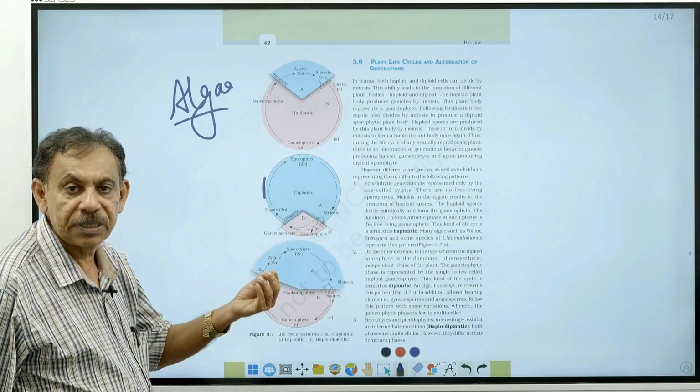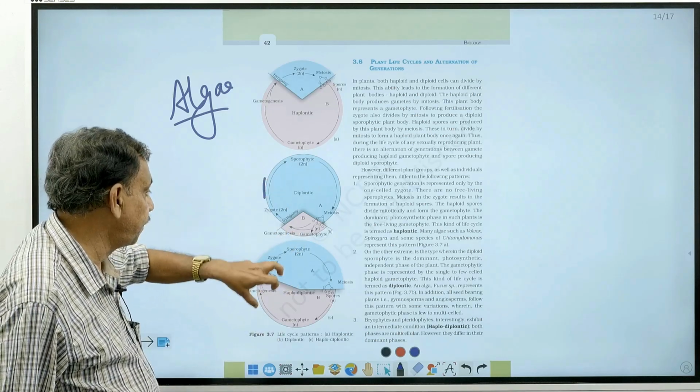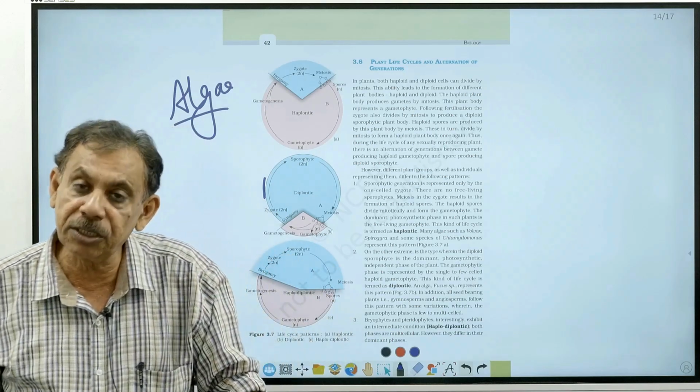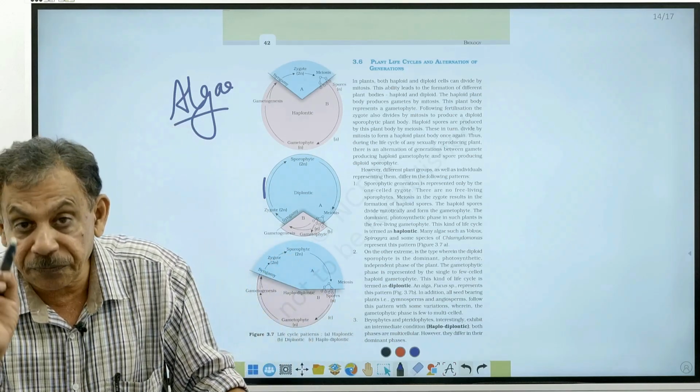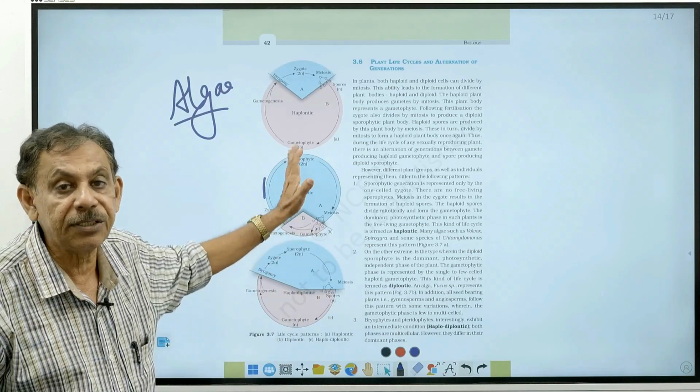Haploid spores germinate to form the gametophyte. In the diplontic life cycle shown by gymnosperms and angiosperms, the gametophytic generation purely depends upon the sporophyte.